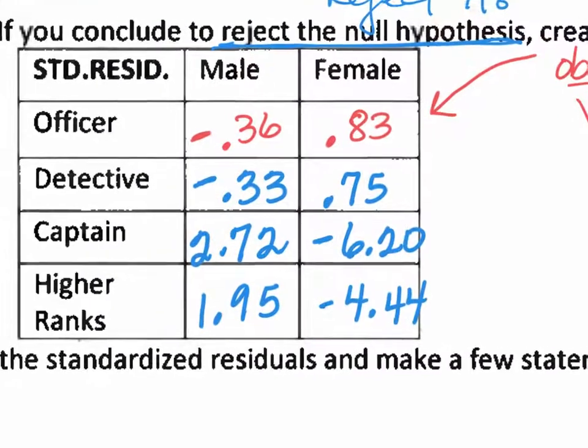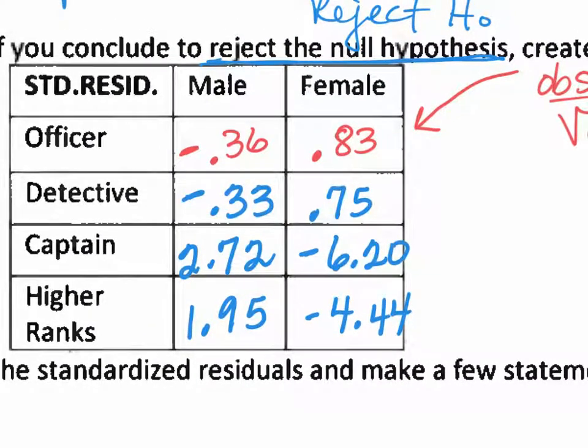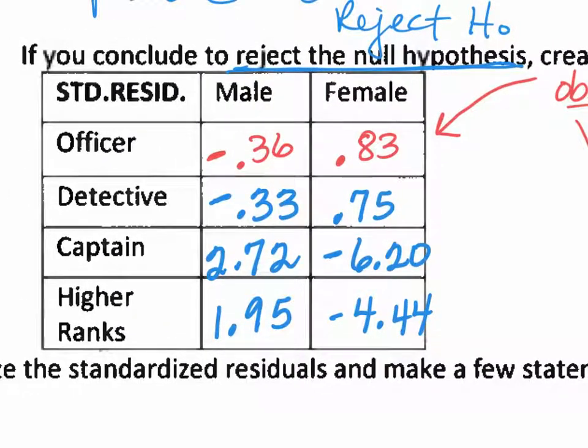If you calculated the officer standardized residuals, there's what they are. Now, let's have a little discussion about these numbers. Think of these numbers in terms of a z-score or t-score, in terms of how many standard deviations the data was above or below what was expected to happen.